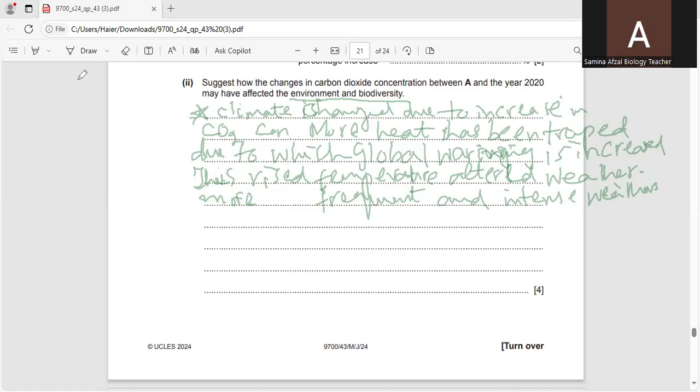Another point is that increased carbon dioxide is also acidifying the oceans.